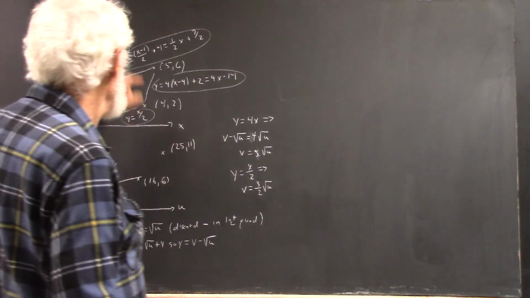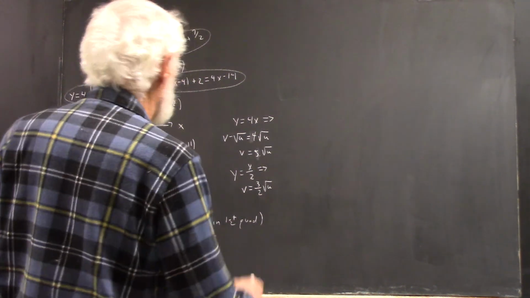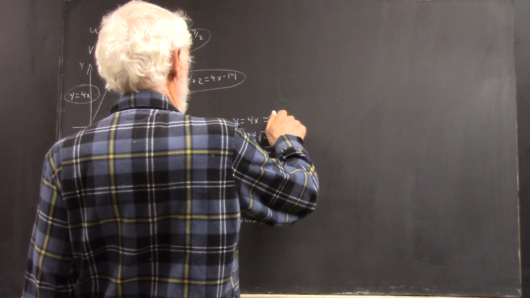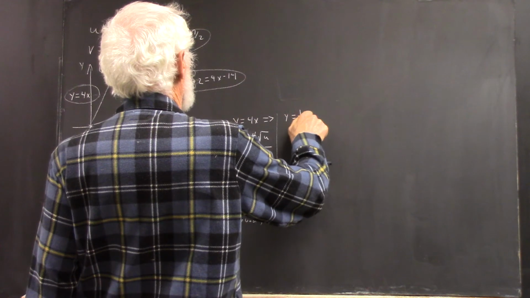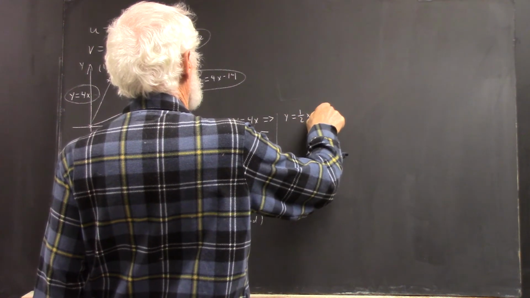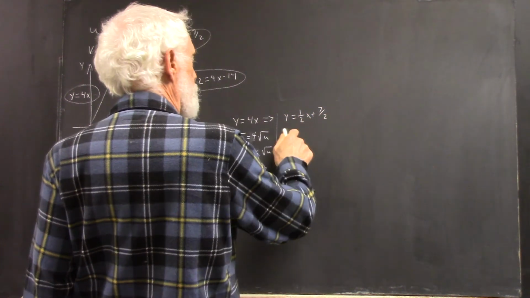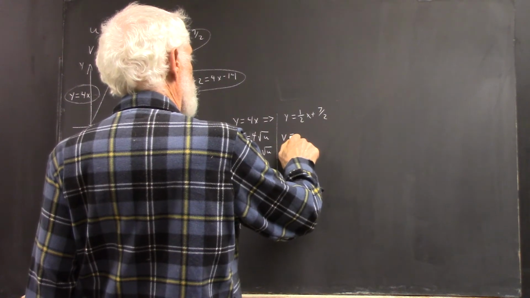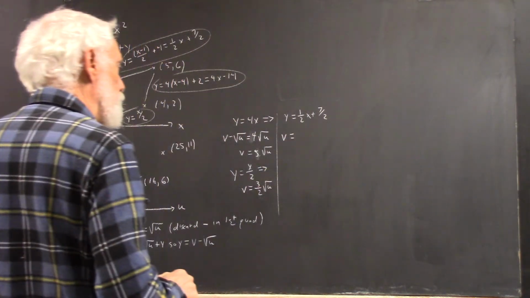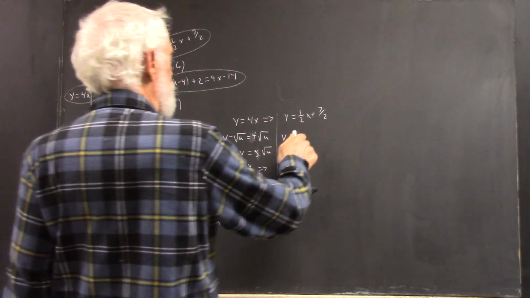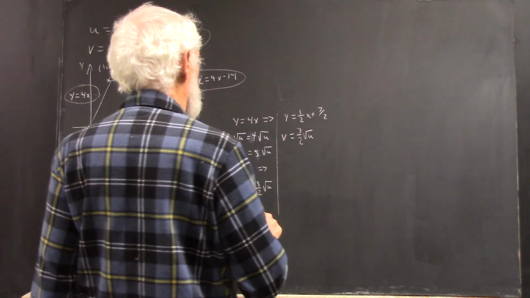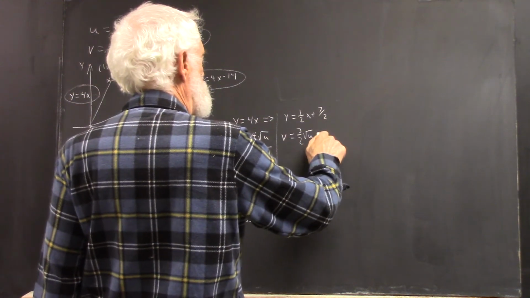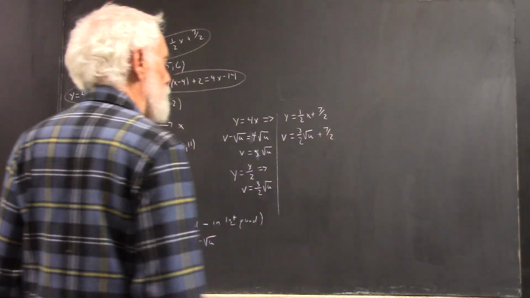Then, what about this equation? y equals one half x plus 7/2 becomes, after just a little arithmetic, v equals 3/2 square root of u plus 7/2.